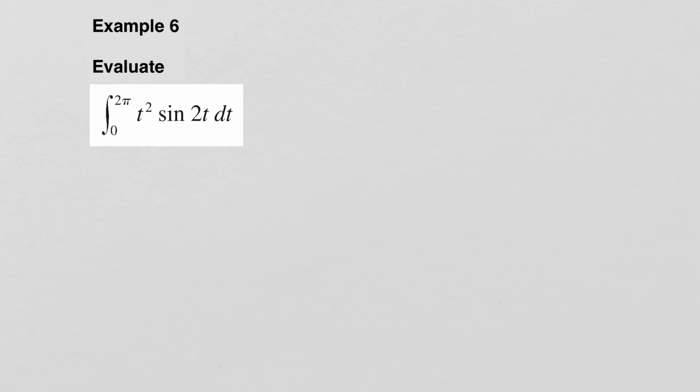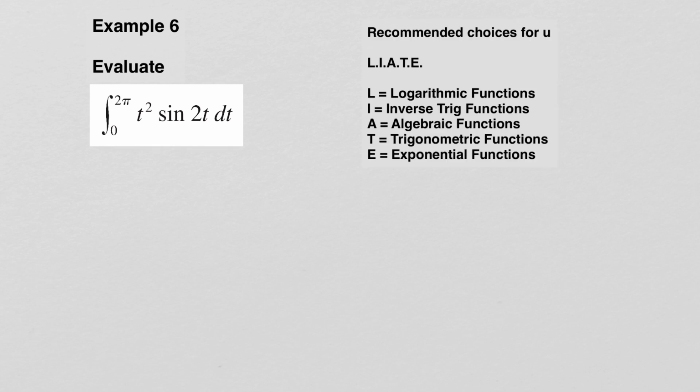In our final example, we have the integral from 0 to 2 pi of the function t squared times the sine of 2t. So once again, we have a product of an algebraic function and a trigonometric function. Between algebraic and trigonometric, we should let u be equal to the algebraic function first.